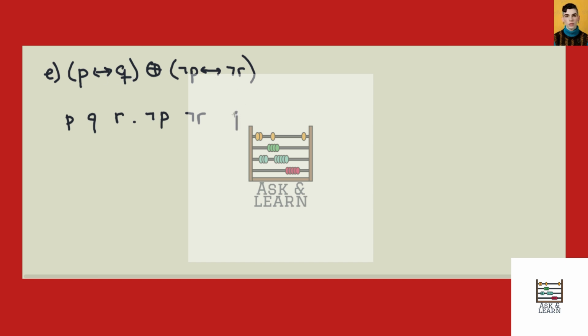So it's P biconditional statement, Q, negation of P biconditional statement, negation of R, and now the whole compound proposition. So P biconditional statement, Q, exclusive OR, negation of P, biconditional statement, negation of R.